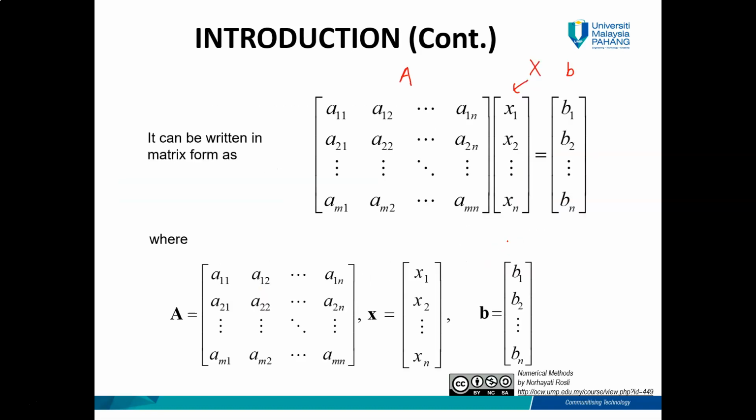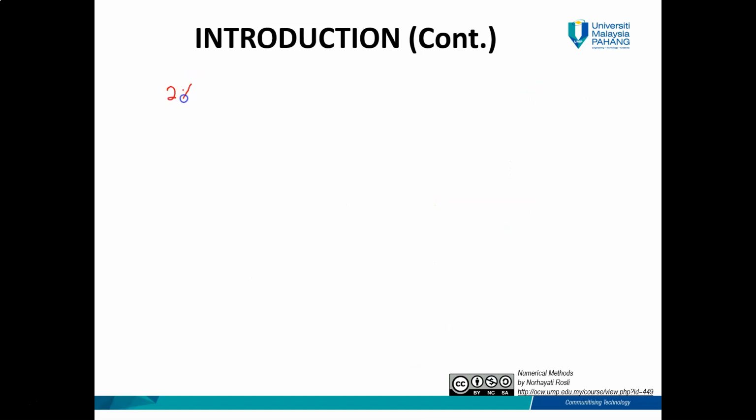How to do that? For example, here we have 2x1 plus 3x2 plus 4x3 equal to 5. And then we have 3x1 minus 2x2 minus x3 equal to 6. And a third equation, let's say, x1 plus x2 plus 3x3 equal to 7.